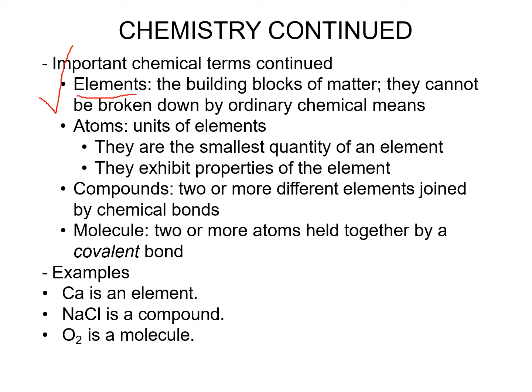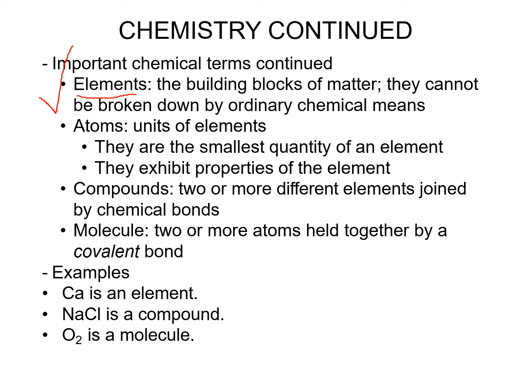And as you can see in the slide, these are the building blocks of matter. Whether we're talking about cells and tissues, or a tree, or a big steel bar that goes inside of a building, all of those are made up of some type of element. So everything in the universe, solid, liquid, gas, has to come from some type of element.